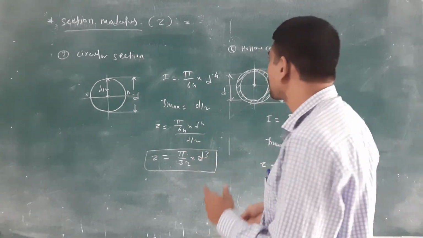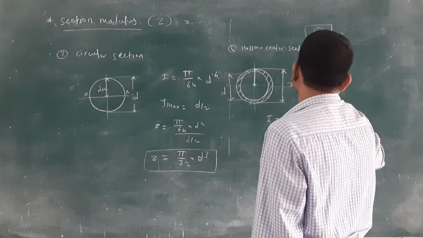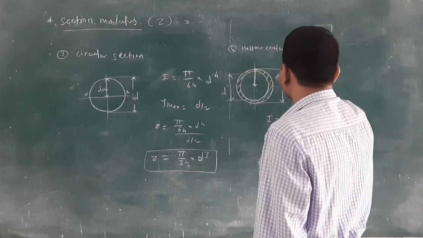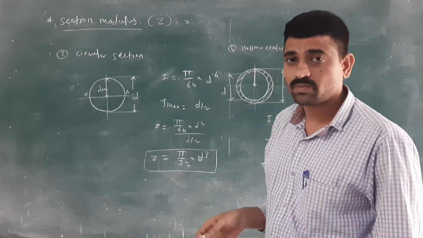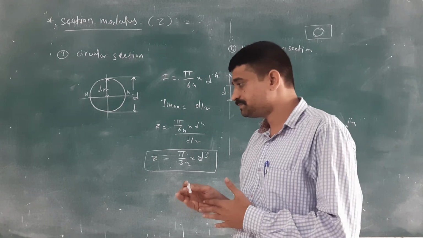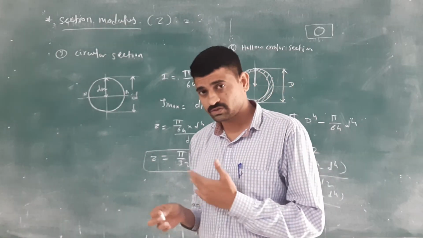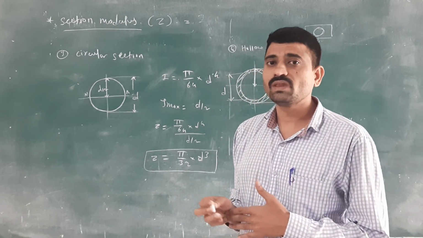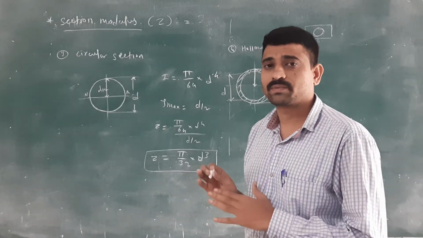If you are given a rectangular section with a circular hole inside it, again you will get both the circular section and the rectangular section. If you are given a square, or a right angle isosceles triangle, then you have to calculate the section modulus for that.